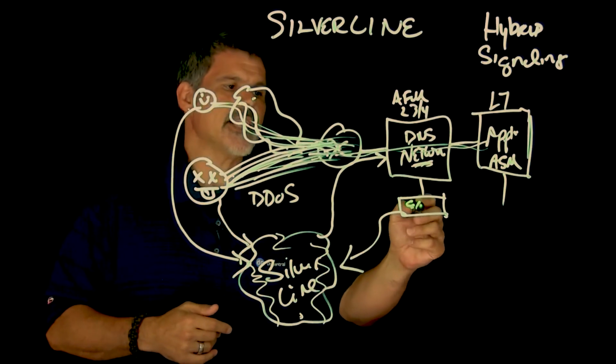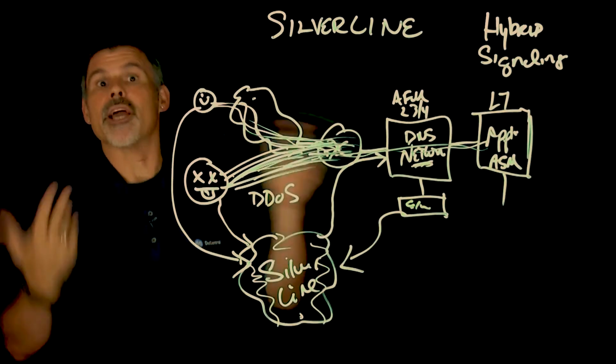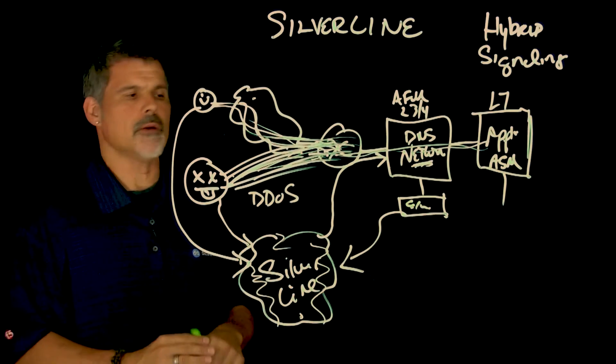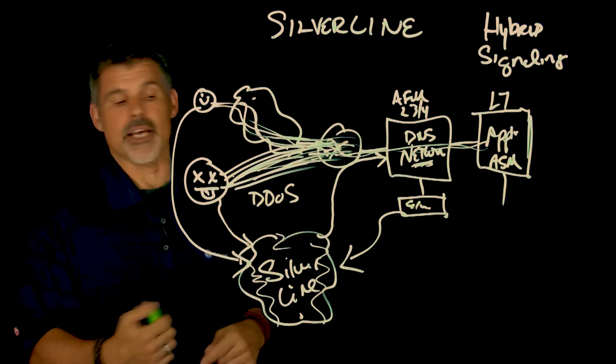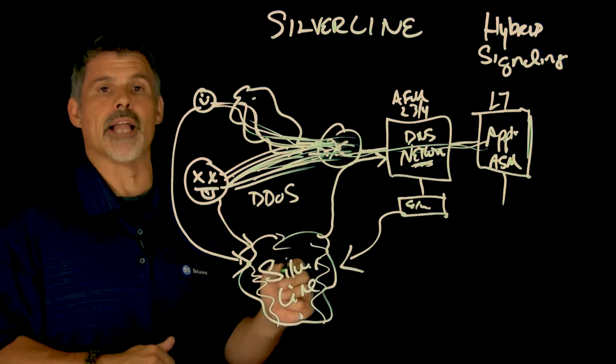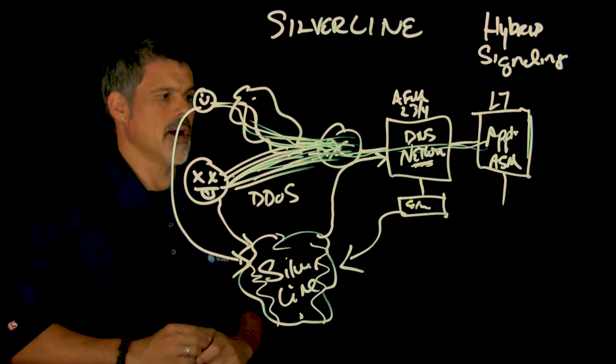So there's a signal sent to Silverline, we need some help. Can you take over the load? And then once it drops below the threshold, another signal is sent to say, okay, maybe we don't need the Silverline backup anymore. We can take the traffic ourselves.